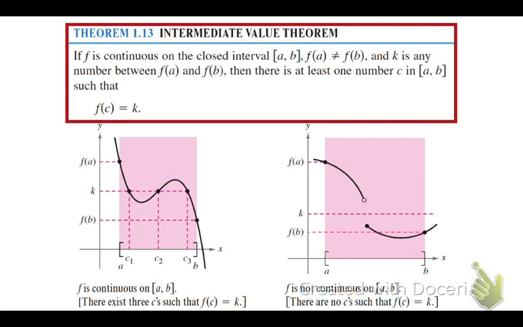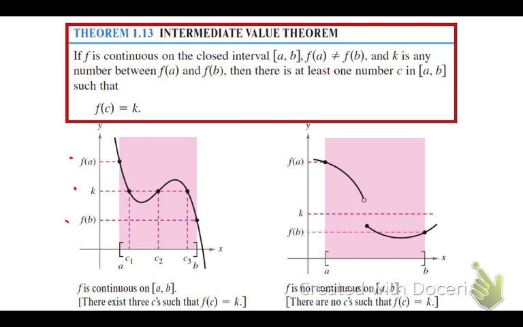Let me point it out so if you're watching at home you can see. K is some value that falls in between f of a and f of b. Then there exists one number c over the interval ab such that f of c equals k.